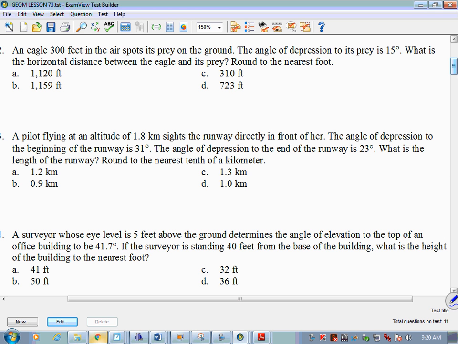All right, so let's start off with our picture here. We got our bird of prey, right? There's my eagle. Not too bad, right? Let me ask: is this my triangle? Yes?